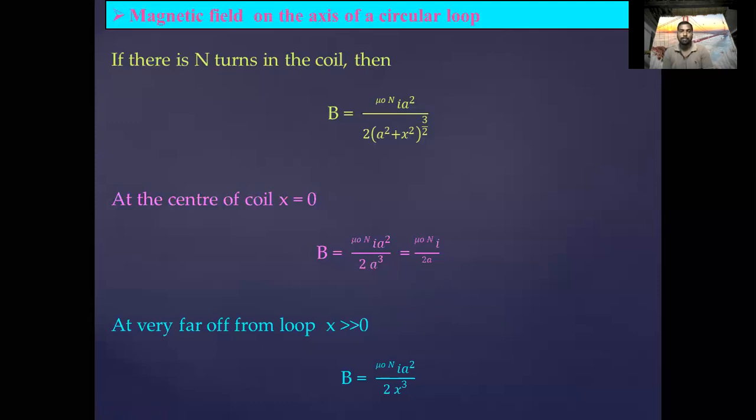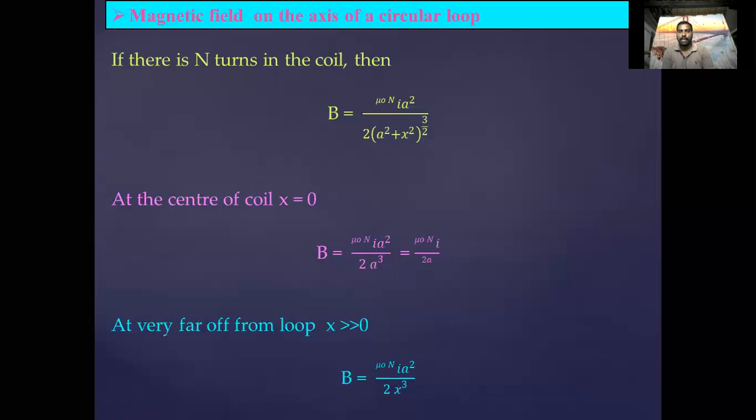That's why (a square plus x square) to the power of 3 by 2 is approximately x cube, since a is very much less than x.